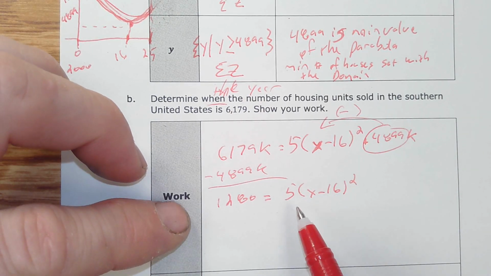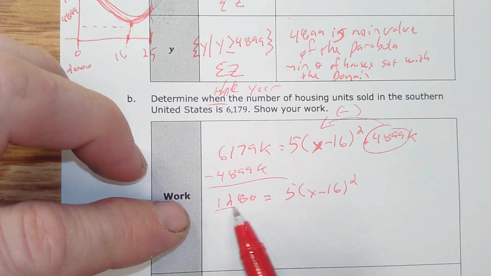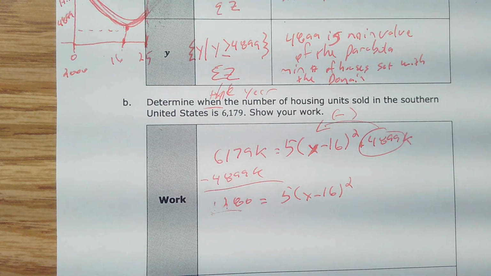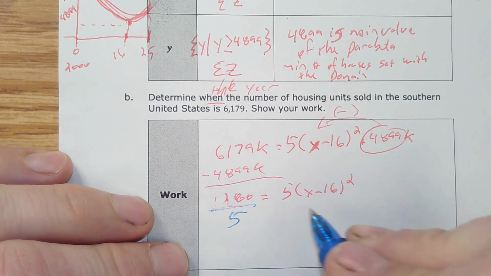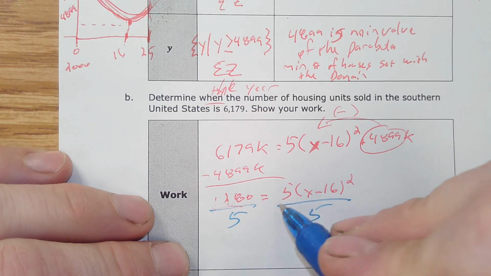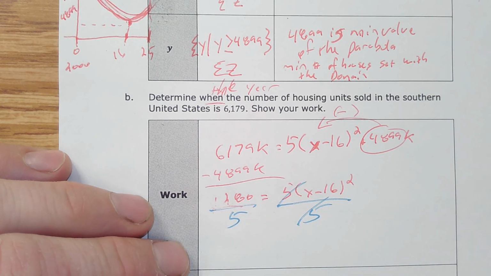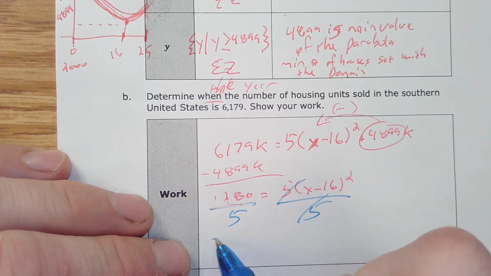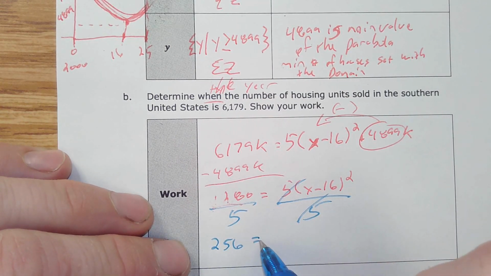Now you need to divide this by 5. Let me change the color. Divide this term by 5. That way I get rid of the 5 in front of that. And I'm going to divide this by 5, and it's going to be 256 equals x minus 16 squared.